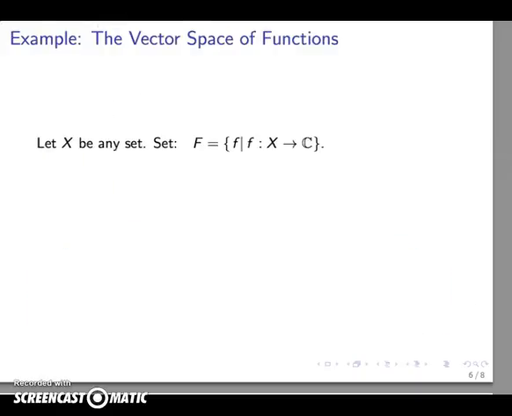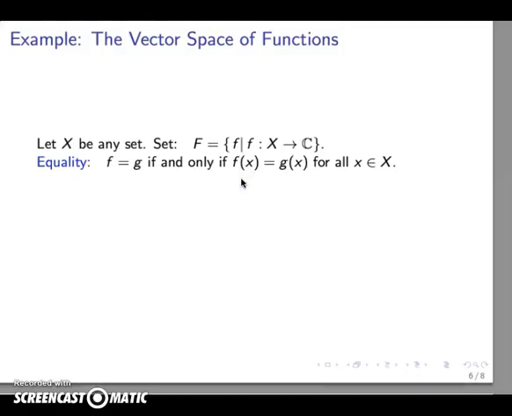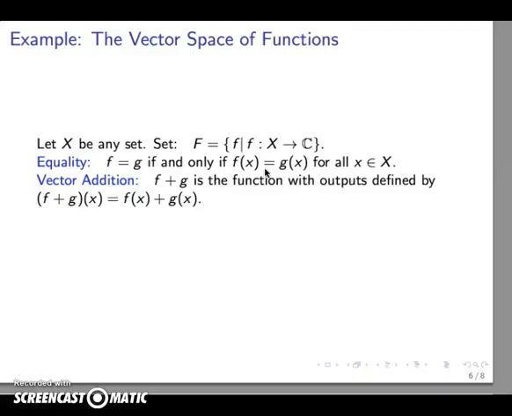Another example of a vector space is a set of functions defined here from any domain that is mapped onto the complex plane. These functions have the definition of equality, that any two functions are considered equal if they are equal at any point in the domain.